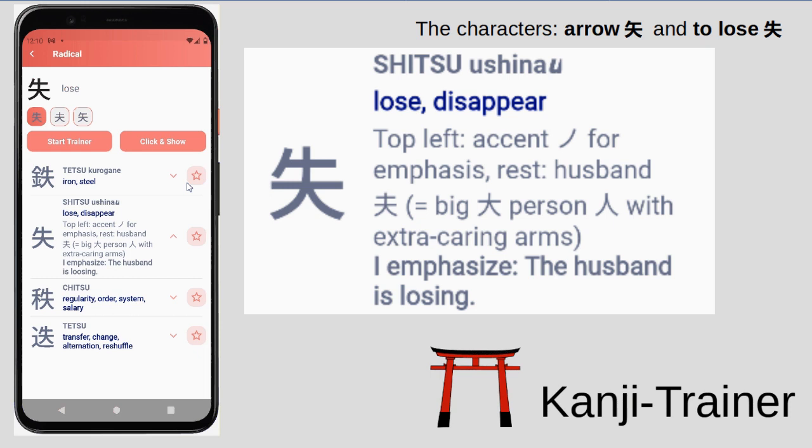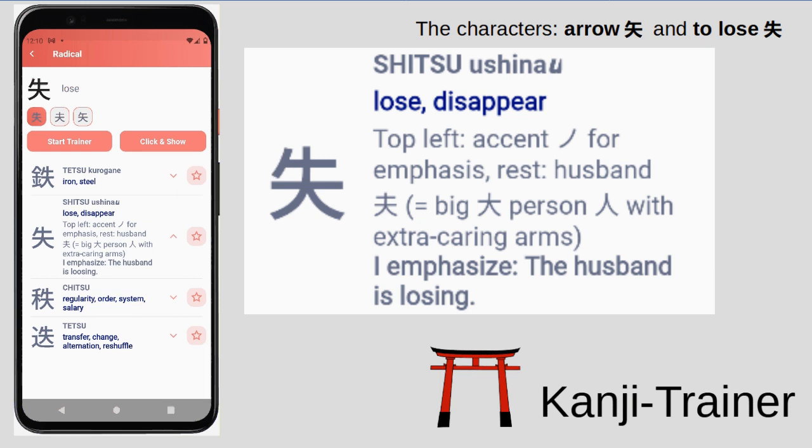I go on it and get more information. It tells me that at the left there is an accent for an emphasis, and the rest is the character for husband. It tells me that the husband is considered to be a big person with extra caring arms.